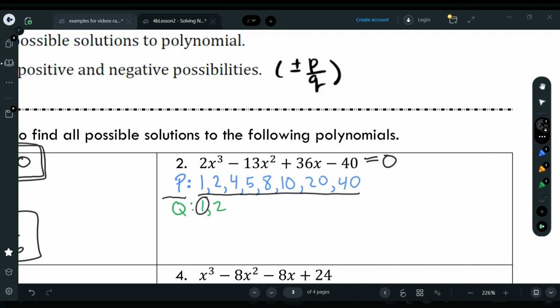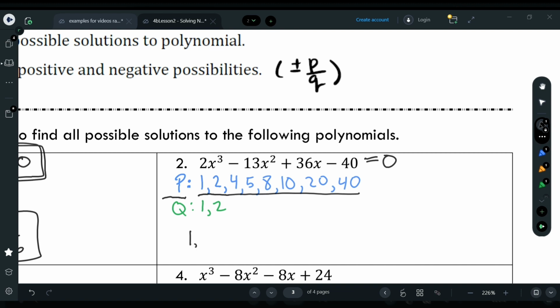Now, starting with the Q value of 1, as I divide these numbers by 1, I just get the same number back, right? 1 divided by 1 is a 1. 2 divided by 1 is a 2. 4 divided by 1 is a 4. So that's going to give me all whole numbers of those same numbers. So let's list them out here.